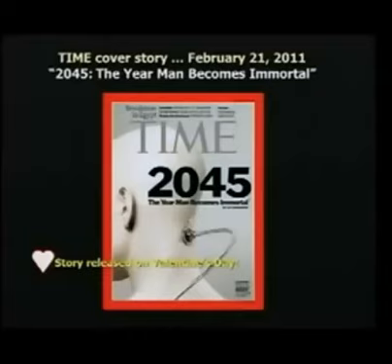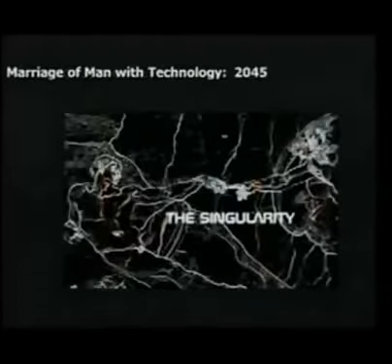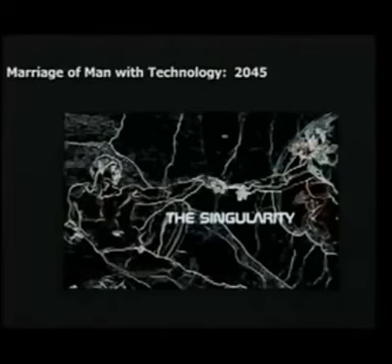The story was released on Valentine's Day, February 14th, to underscore a love affair, the marriage of humanity and technology. The article tells us that a transformation is coming, and our species, Homo sapien, will no longer be recognizable as itself. We will be something new, something better. The time predicted for this transformation is 2045.